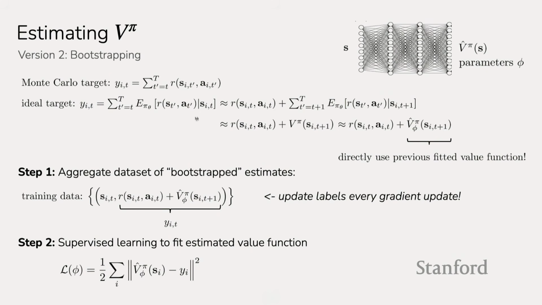You can think about this sum of future rewards as the reward at the current time step, which is a deterministic quantity, plus the future rewards, conditioned on our current state. This is conditioned on the current state because the future rewards are a function of where we are right now, and actually only a function of where we are right now and not anything else.